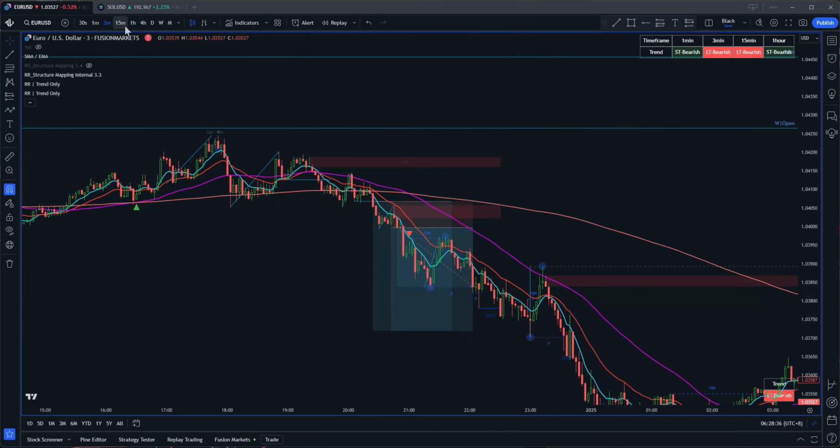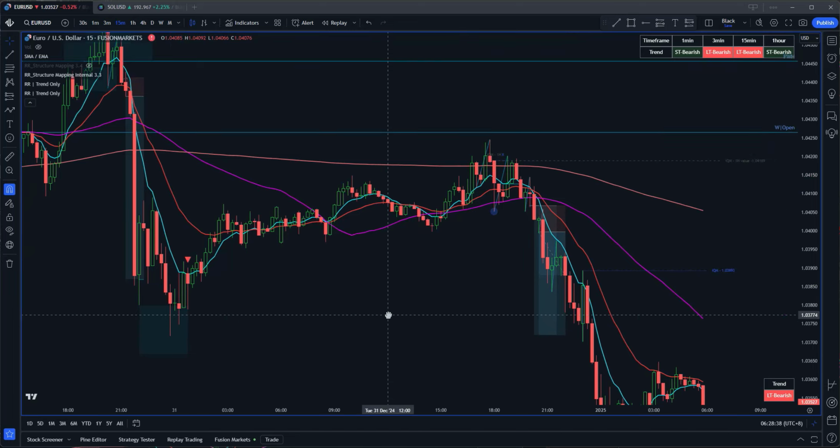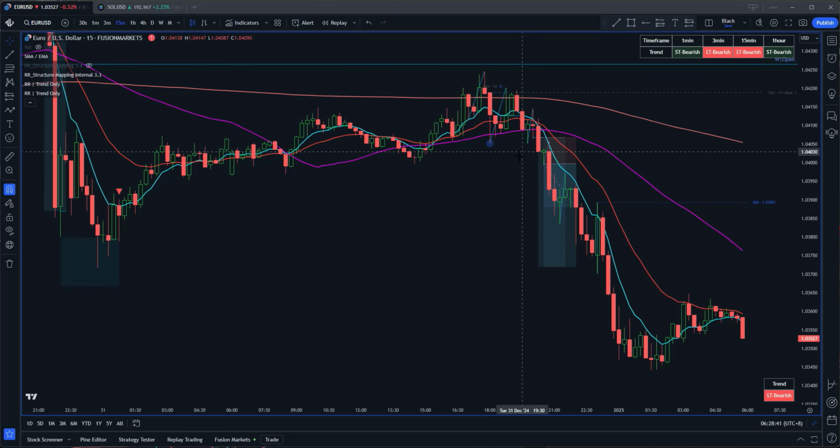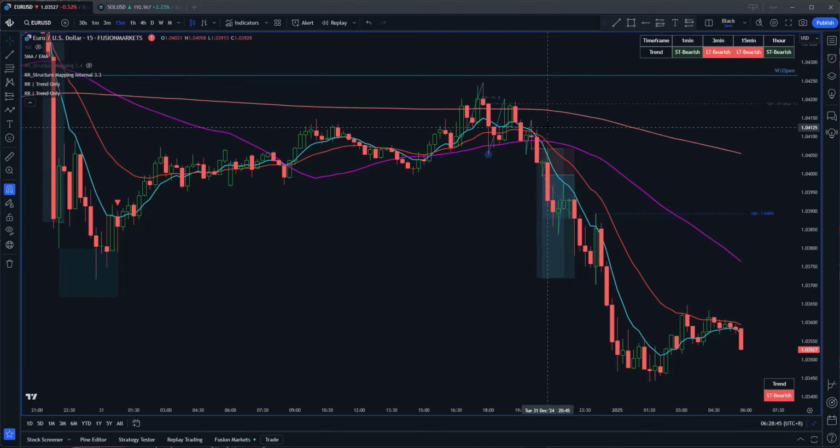Why? Because on the 15-minute time frame, like I said, every rally we want to short. Why? Because we are the longer term bearish. Okay, so if we are longer term bearish, why we will be looking for the bullish trades? So that's why these moving averages will always keep us on the right track, on the right bias.